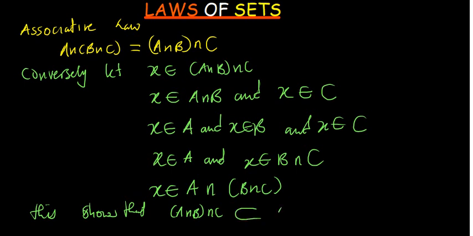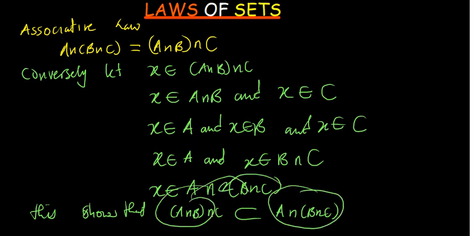the part that you found, A intersection B intersection C. Remember, in the first instance we found that this was a subset of this, and then we found that this is a subset of this, and now we can make the general conclusion.